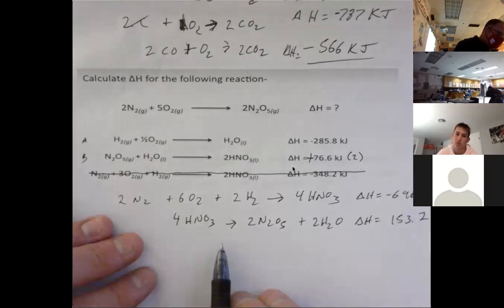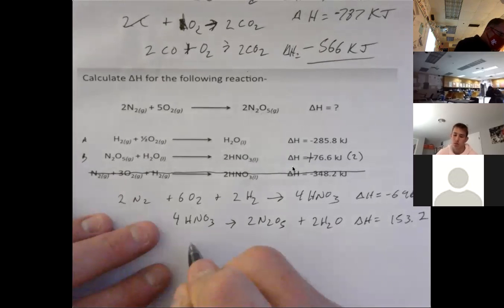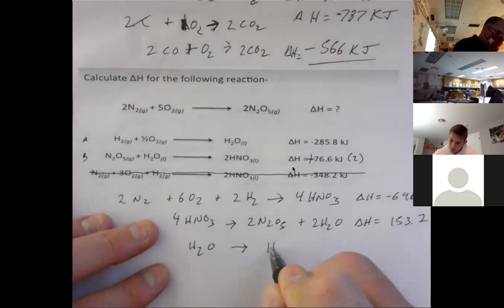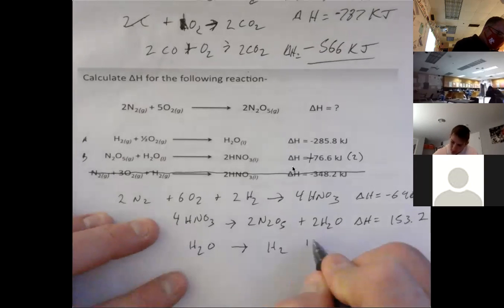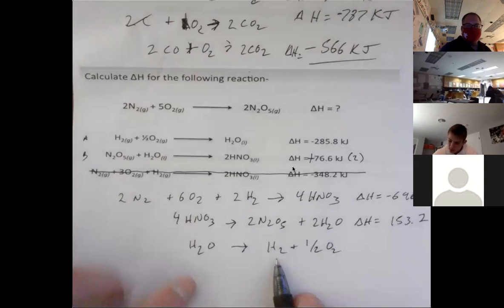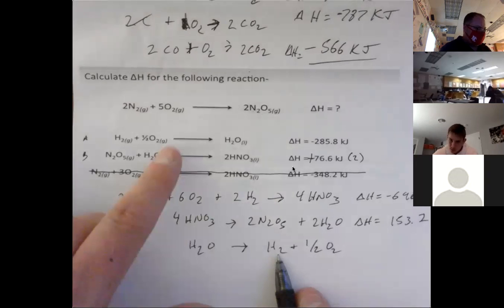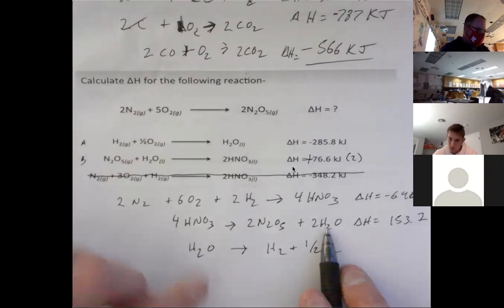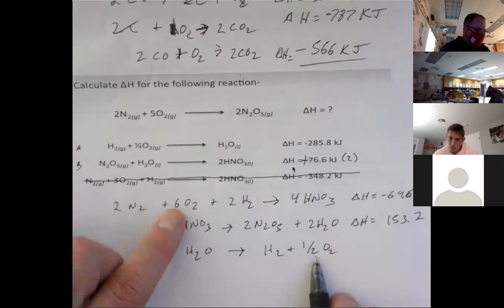Check this out. Flipping it: H2O yields H2 plus 1/2 O2. The problem here is my H2s aren't going to cancel out and go away. My H2Os aren't going to cancel out and go away. I'm only going to have 5.5 O2.